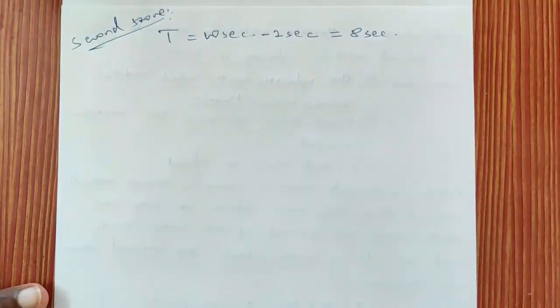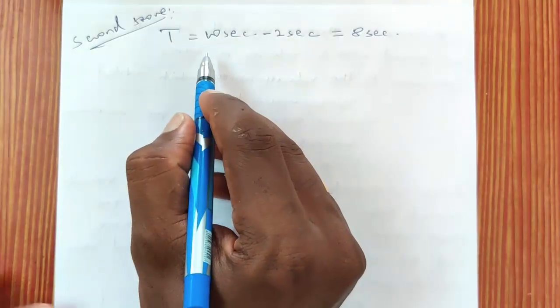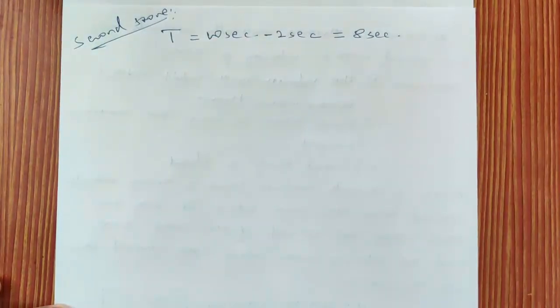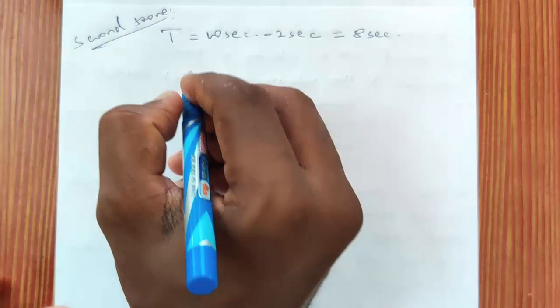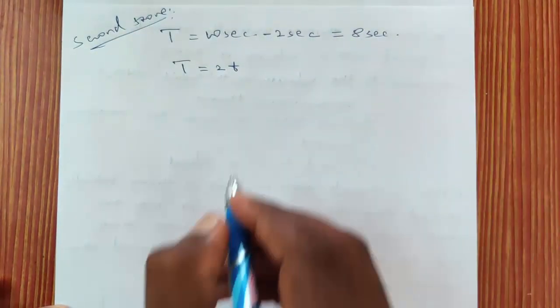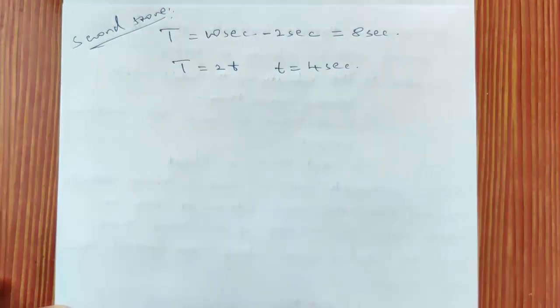That is very important because stone 2 is thrown after 2 seconds. So it is 10 seconds for stone 1 minus 2 seconds is equal to 8 seconds. So if the capital T is 8 seconds, we know that capital T is equal to 2 small t. So small t is equal to 4 seconds.